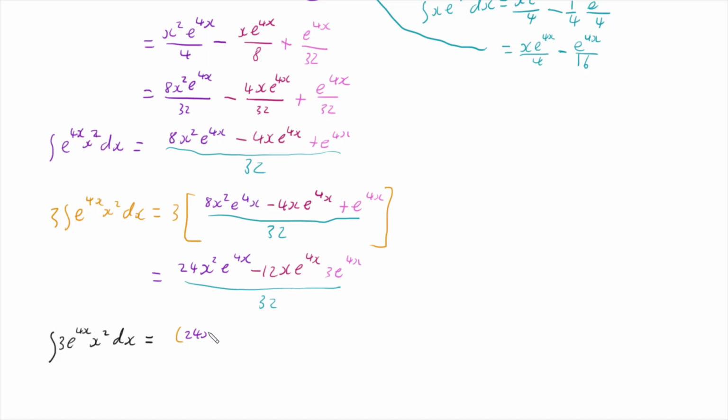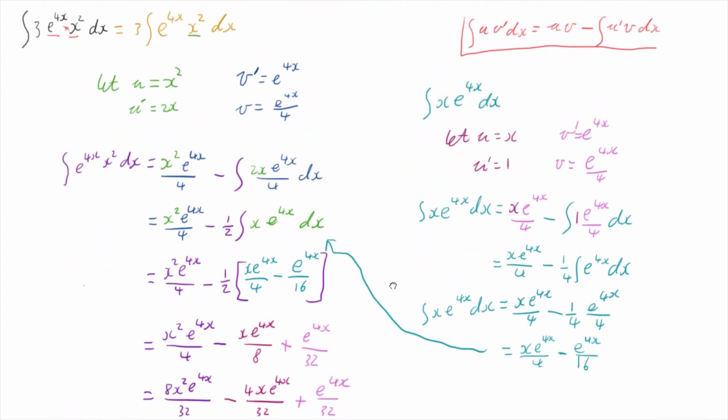I've got 24x squared minus 12x plus 3. Whoops, I missed the plus here. Factorize out that e to the 4x because it's common through all of those, all over 32. And we have our answer. The integral of 3e to the 4x x squared dx is 24x squared minus 12x plus 3 all times e to the 4x all over 32.